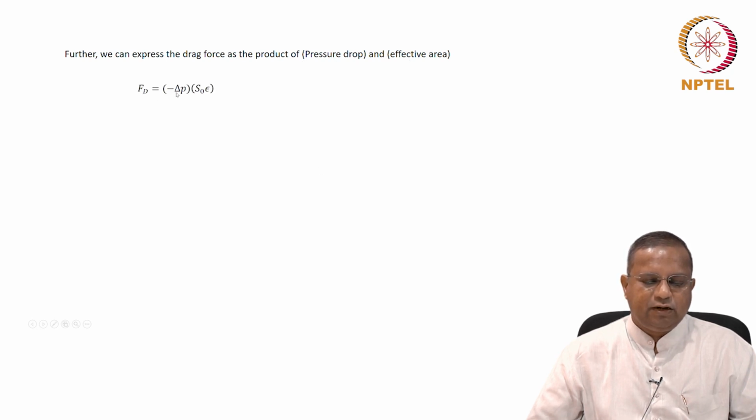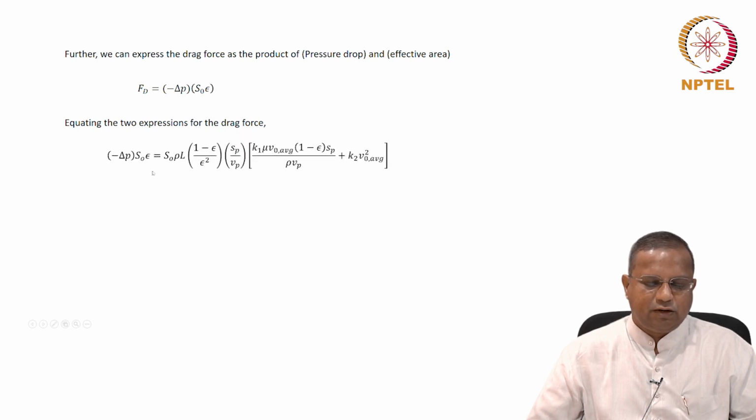So FD, let us express as minus delta P times S naught epsilon, and equating the two expressions for the drag force, the inertial and the other component, you get this expression: minus delta P S naught epsilon equals S naught rho L times 1 minus epsilon by epsilon squared SP by Vp, K1 mu F naught V naught average 1 minus epsilon SP by rho Vp plus K2 V naught average squared.